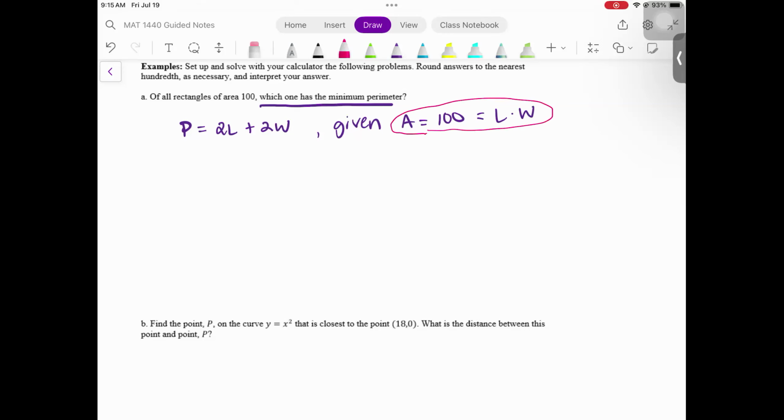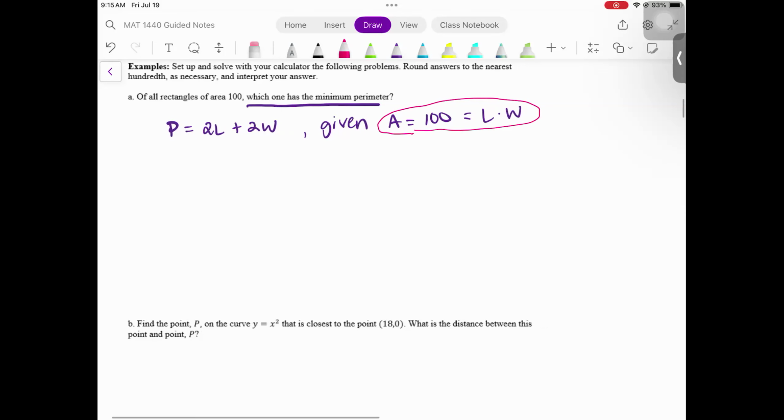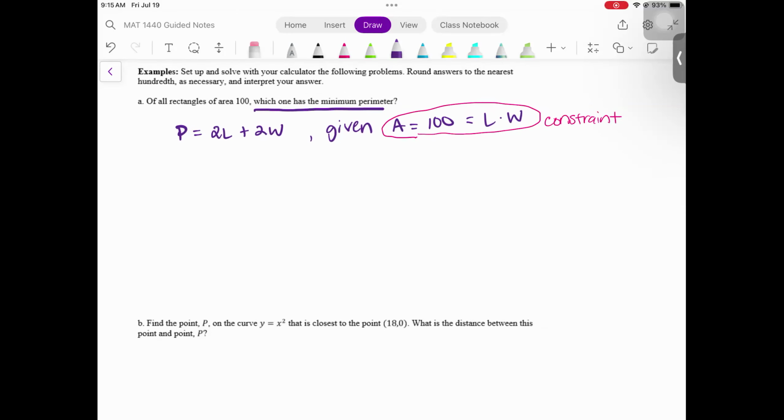So this given information, this is often called our constraint. If our area is equal to 100, which is equal to length times width, this tells us that the length is equal to 100 divided by W. So I just rearranged that equation.